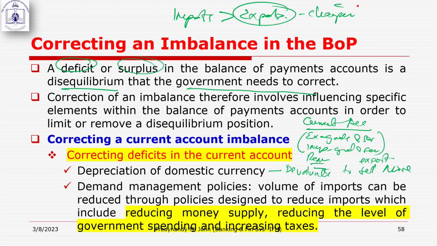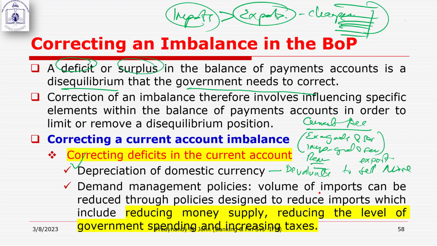That means you will be in a position to export more and earn funds that you can use to finance the volume of imports. So devaluate in order to sell. But also we can use demand management policy.